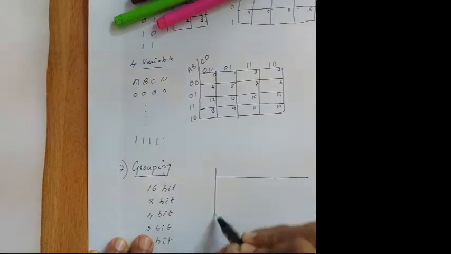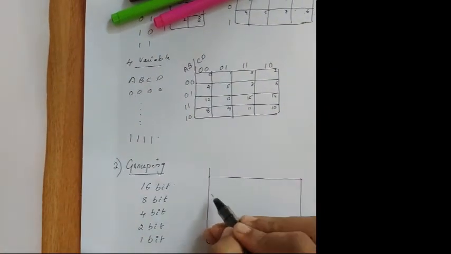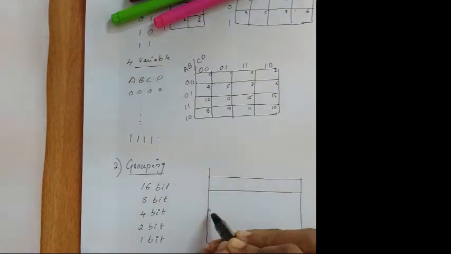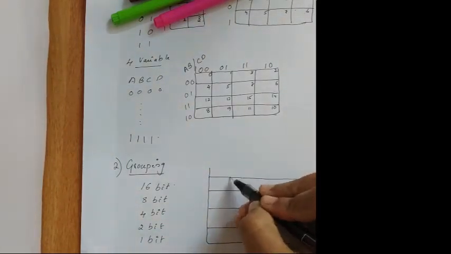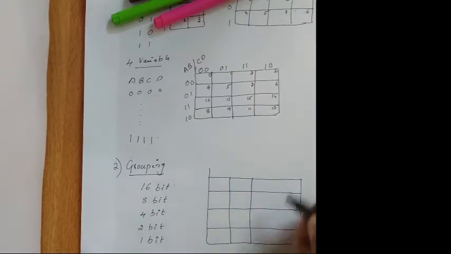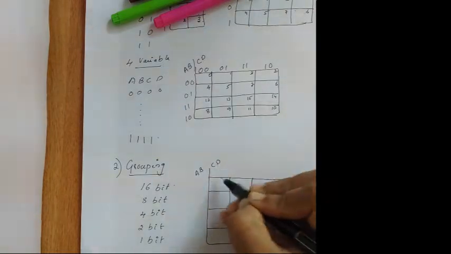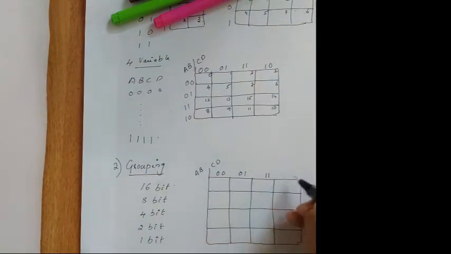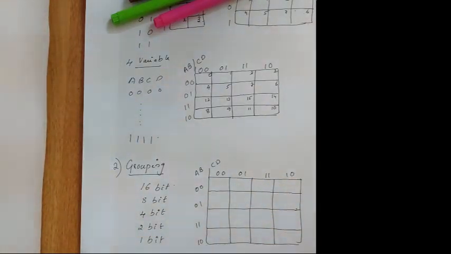So I am explaining it with the 4 variable K-map. A, B, C, D, 00, 01, 11, 10. Okay.